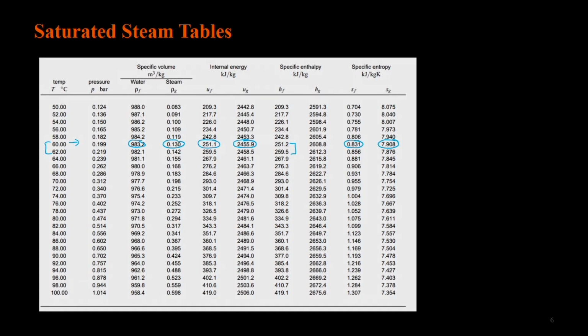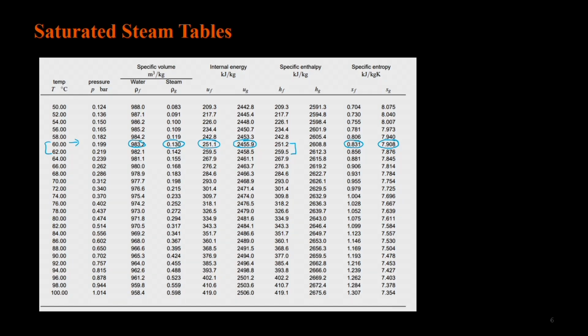Because it is saturated, there are two phases, one component, so there is only 1 degree of freedom, which indicates I just need to pick one property, be it enthalpy, entropy, pressure or temperature, whatever it is. I pick one property and the state of the system is going to be fixed.